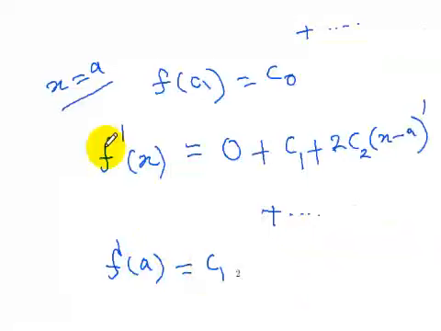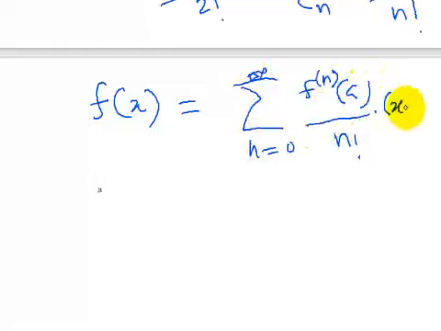Alright, therefore finally we found the coefficients of that power series, which is the sum from n equals 0 to infinity of the nth derivative of f evaluated at a, divided by factorial n, times x minus a to the power n.